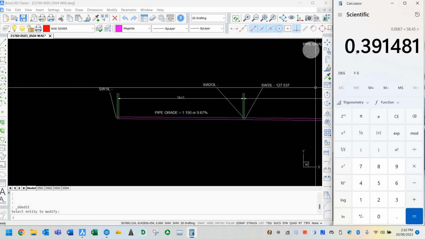Enter. Now we know that our elevation change from this invert level to that one is 391 millimeters. So we add that figure to our invert level here, plus 127.537, enter. Our invert level at SW1 is 127.928.